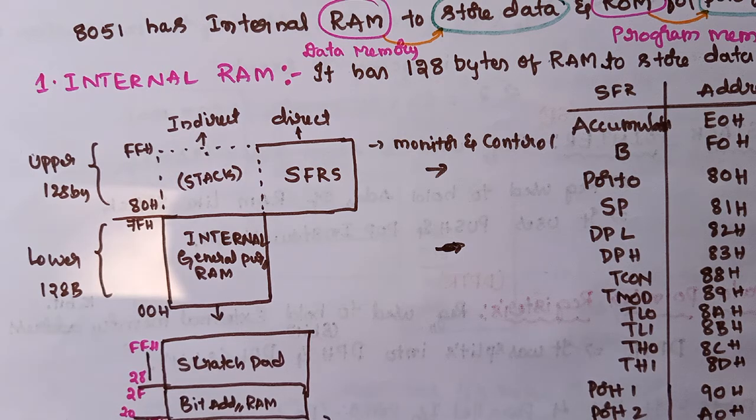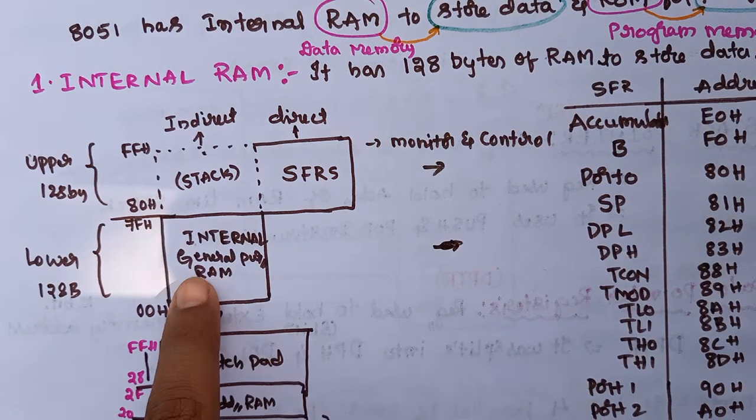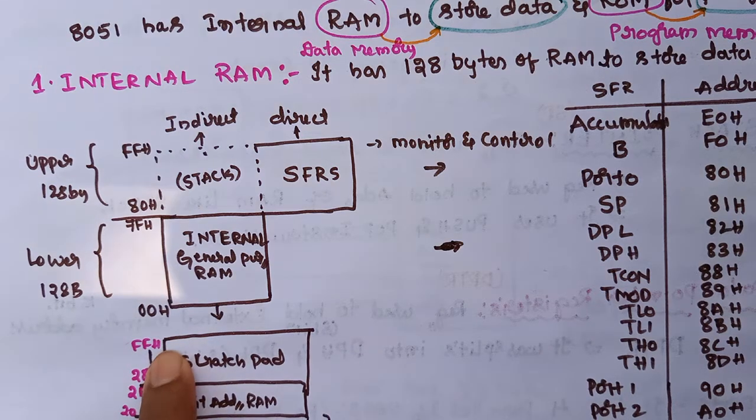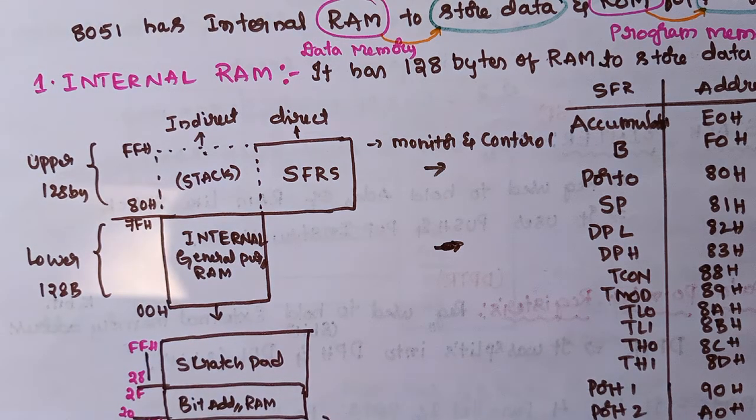We already discussed that four different register banks are there. The lower 128 bytes, that is the internal general purpose RAM, are locations 00 to 7F. Locations 00 to 1F can be divided into four different register banks: register bank 0, register bank 1, register bank 2, register bank 3.